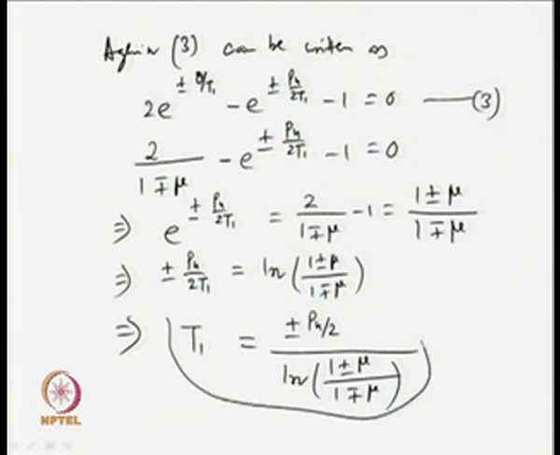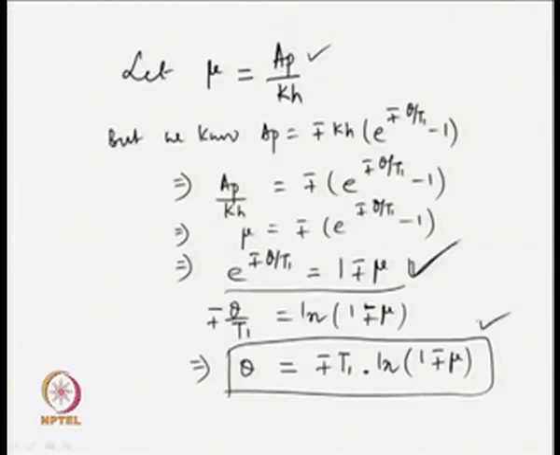So, this is another expression for one of the unknowns of the transfer function model. Earlier we have got an expression for one unknown of the transfer function model, theta.